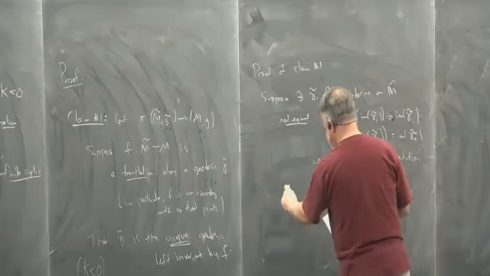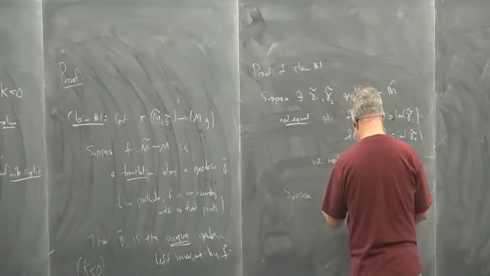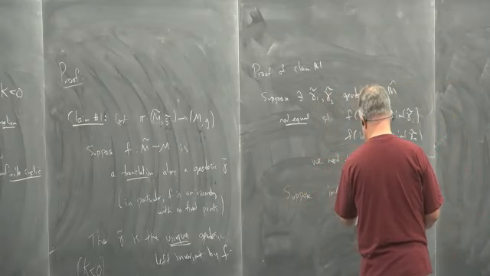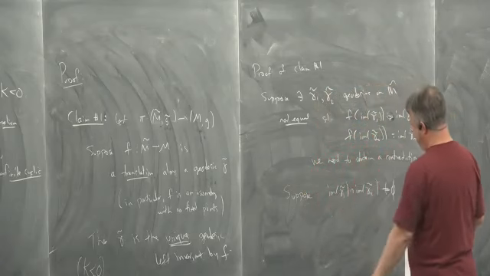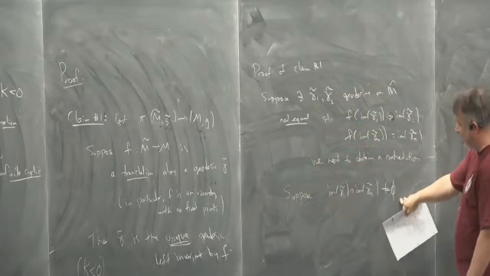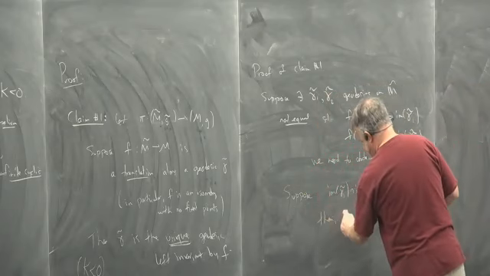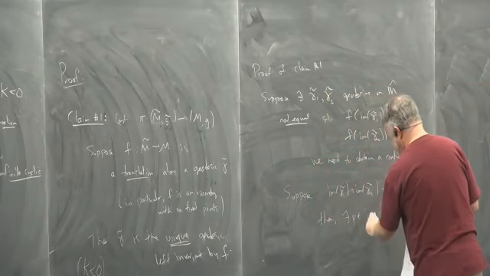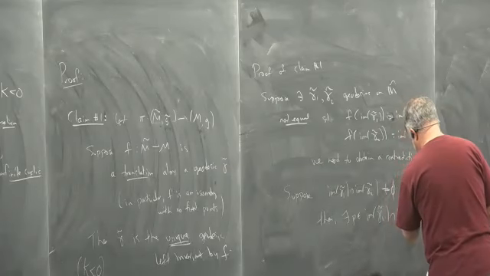So first, suppose that these two images were not disjoint. In fact, I'll show that this can't happen. The images are disjoint. Then there exists a point P in this intersection.